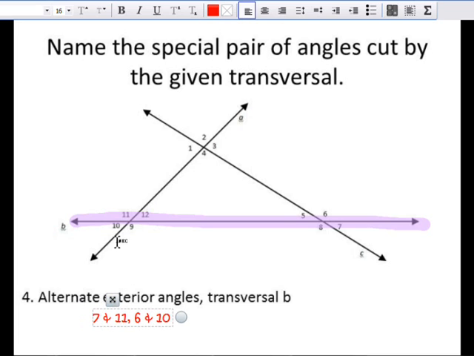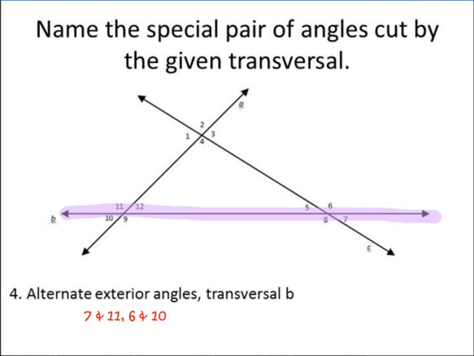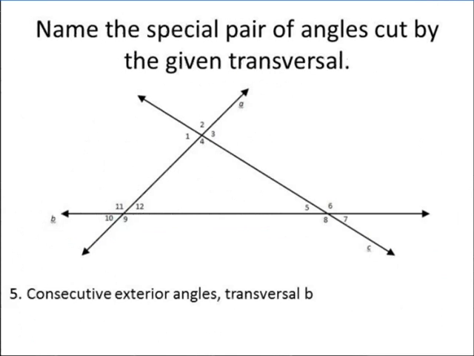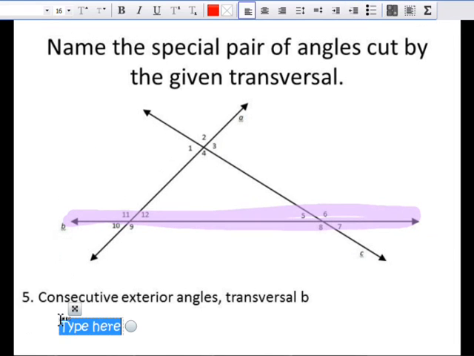Opposite sides of the transversal and outside the two lines. A few more. The consecutive exterior angles. Consecutive, so same side exterior angles, given B is the transversal again. So same side, but on the outside. That'd be like 10 and 7. And that'd be 11 and 6.